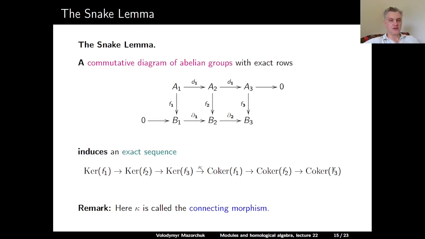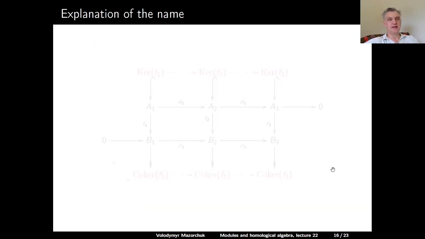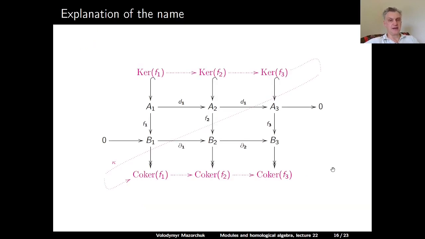And now we can put it all in one big diagram, which also explains the name, the snake lemma. If we put the kernels of F1, F2 and F3 on top, and the cokernels in the bottom, then the connecting morphism kappa is a map from the kernel of F3 to the cokernel of F1, and when you draw it, you have something which looks like a snake.